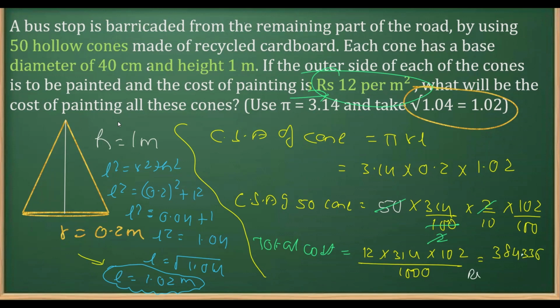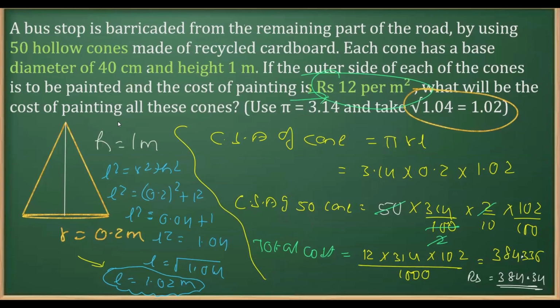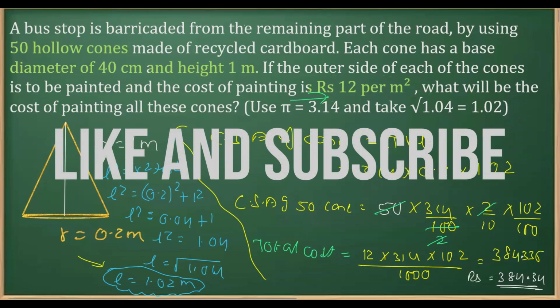So we'll say it should come approximately 384.34 up to 2 decimal places. So that should be the cost in this case. Now we need to figure out that we had to find the cost of painting. Yeah, so we can say that this is our final answer. Where has it gone? Yeah, it is here. So this is our final answer.